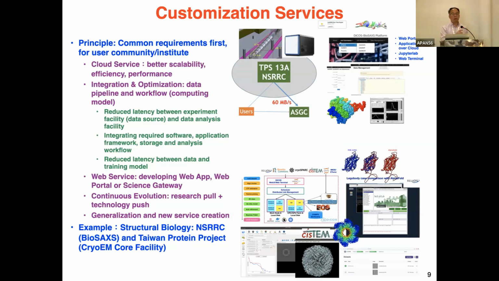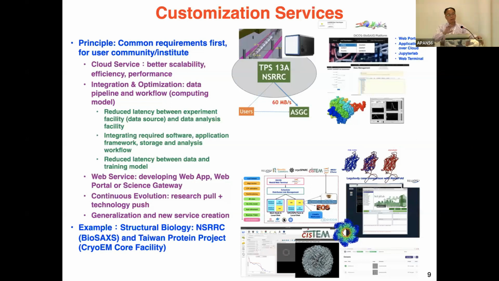And then the user just opens the web page, and then he can finish all the analysis he needs using the software he needs, as if the software and data were set up on his own computer, without downloading and uploading anything during the course. So that's what we are doing for the integration of the data analysis workflow together with the cryo-EM facility supporting the protein structure data analysis.